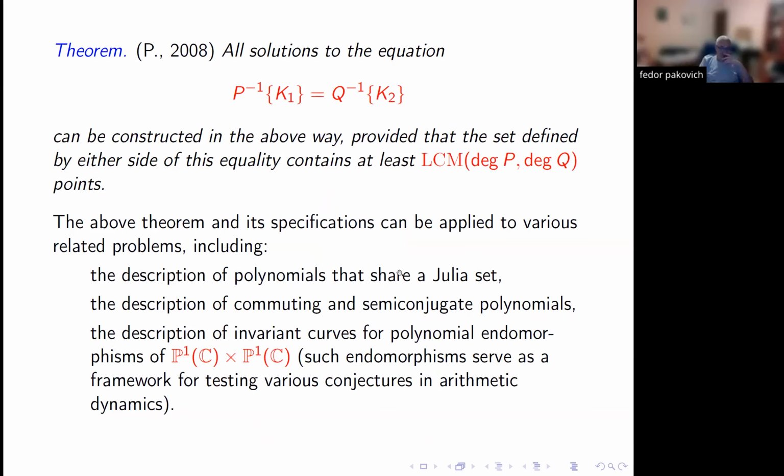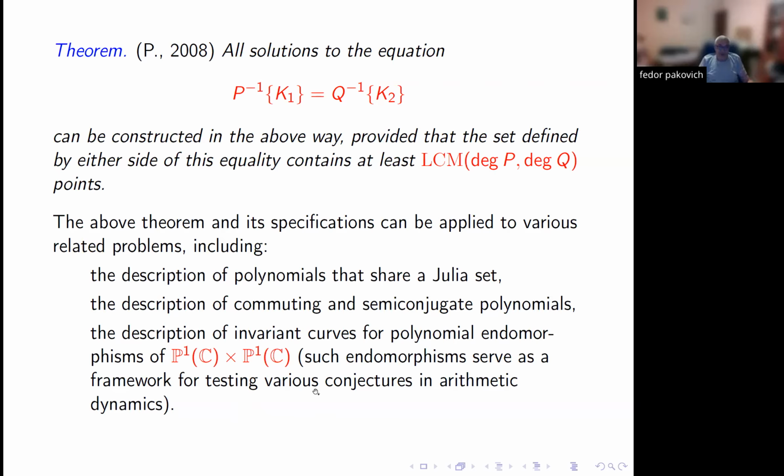And maybe most interesting, because these things are new, is application to description of invariant curves for polynomial endomorphisms of products of P1. So why is it so interesting? Because such endomorphisms serve as a framework for testing various conjectures in arithmetic dynamics. For example, I know the Zhang conjecture, and there was a seminal paper of Medvedev and Scanlon, where they investigated invariant curves for such endomorphisms, and so on.